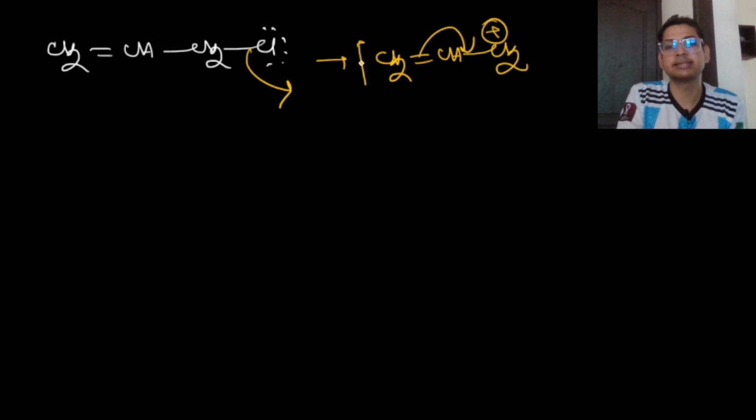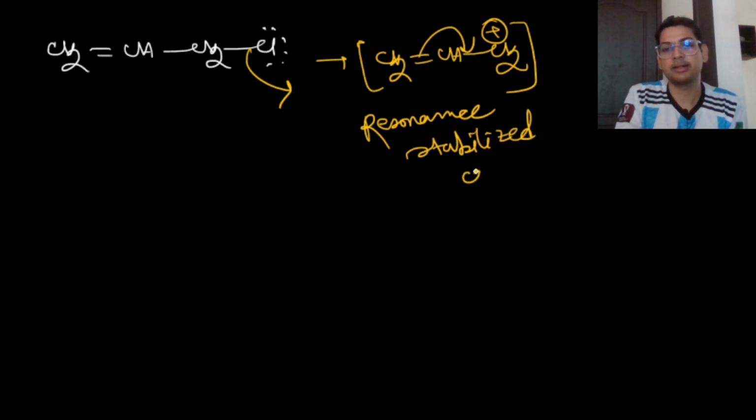Yes, in resonance we cannot break the sigma bond. Moreover, if you remove this, then you are getting CH2 double bond CH bond CH2 plus. This carbocation is a resonance stabilized carbocation, right? This is a resonance stabilized carbocation.